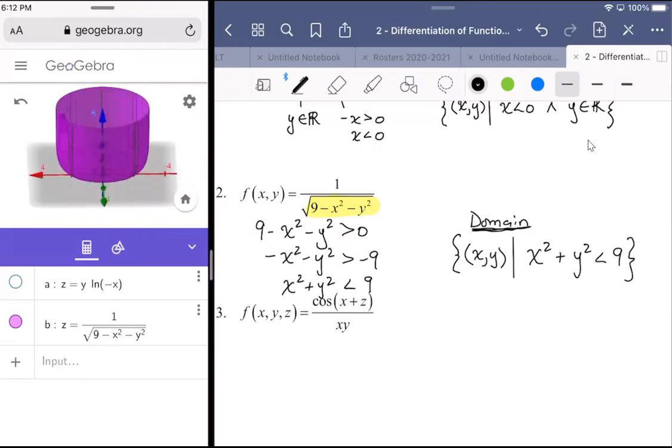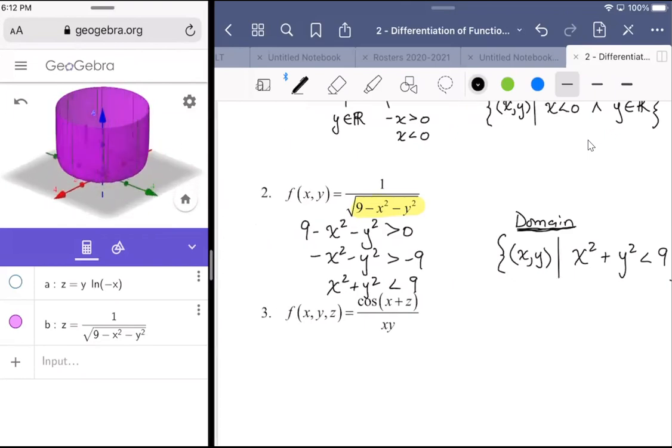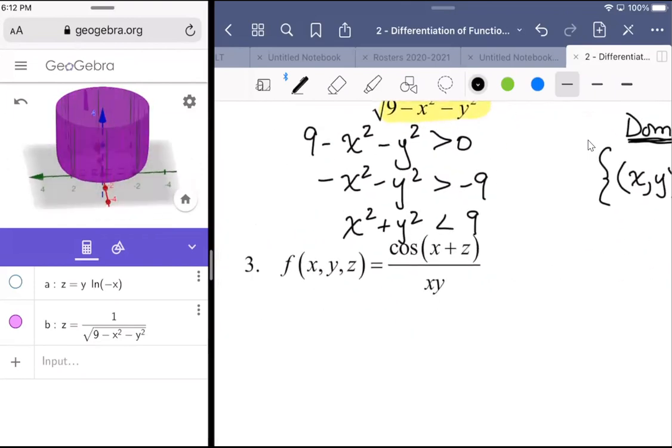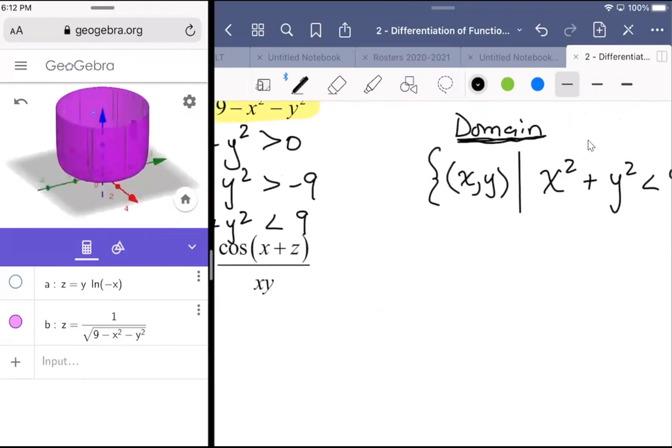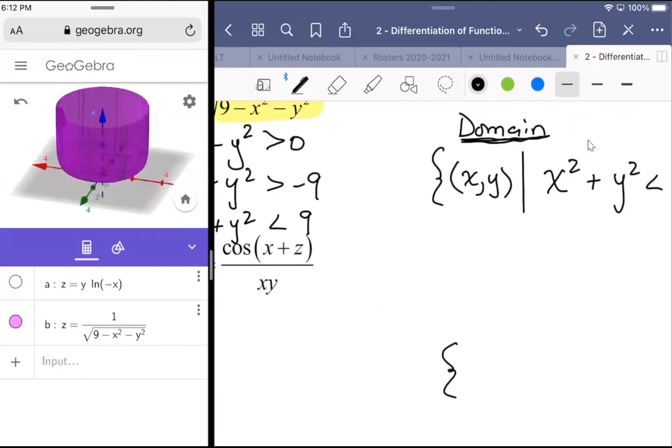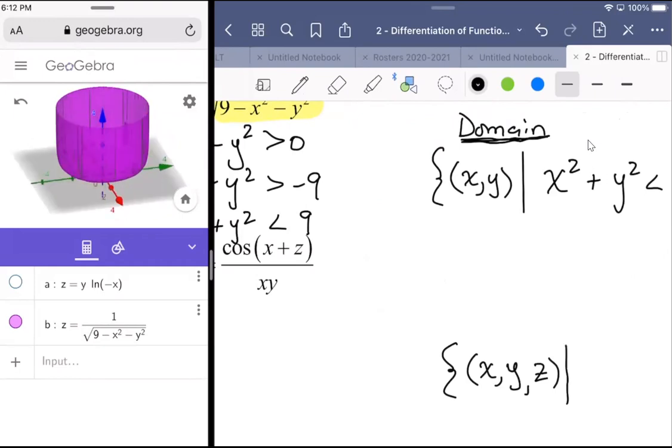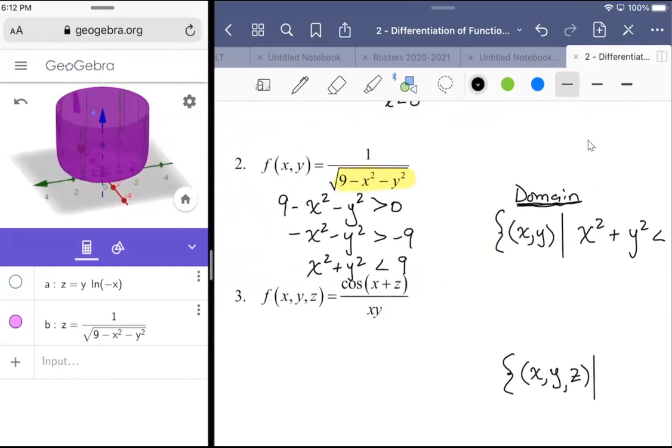Okay. The last one is cosine of (x plus z) over xy. Now, this is a function of 3 variables. So I'm saying here, x comma y comma z, and I'm looking for a relationship between x, y, and z.